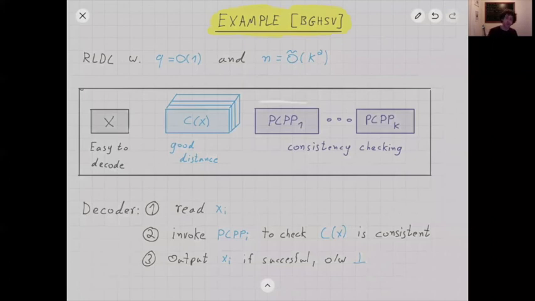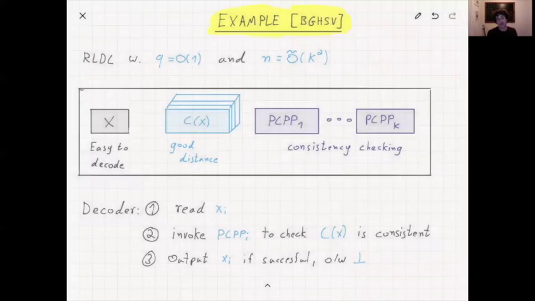So what do I mean by that? How would the decoder look? We'll start by explicitly reading xi at a certain point. After we read this xi, we know whether we have a candidate for decoding, 0 or 1. Then we will invoke the PCPP i, which corresponds to this xi.